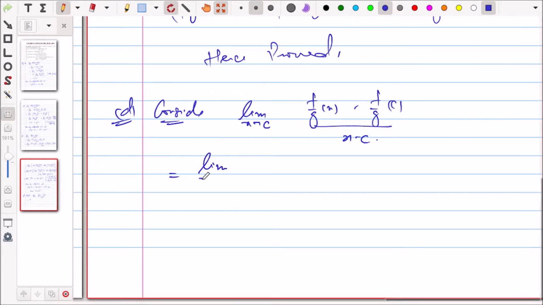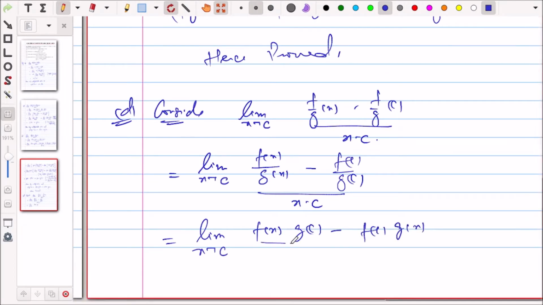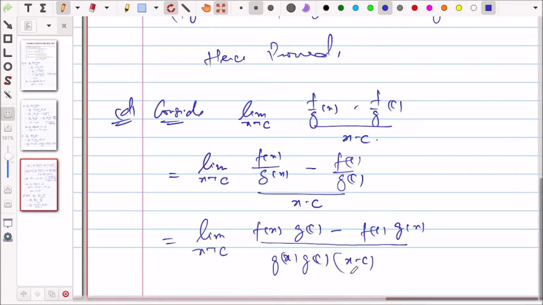So first we will take f(x) over g(x) minus f(c) over g(c) upon x minus c. So this is limit x tends to c. When you will take the LCM, it will become f(x)g(c) minus f(c)g(x) upon g(x)g(c) and x minus c.